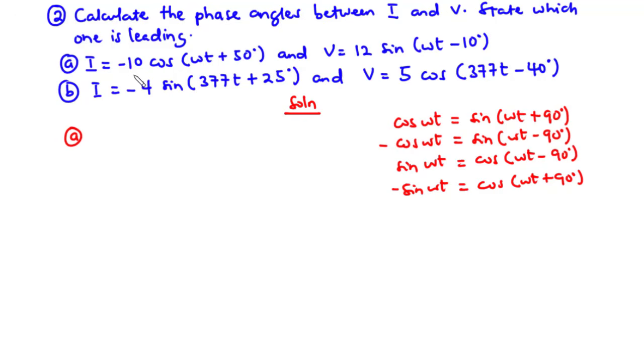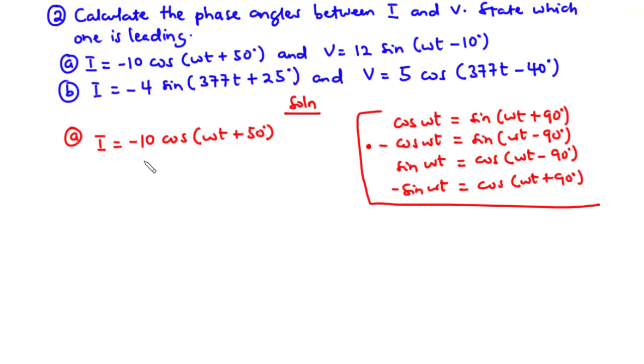Now, since we have I to be a cosine waveform with a negative amplitude, that corresponds to the second one. So we are going to use negative cos omega t equals sine omega t minus 90 degrees. Therefore, I, which is equal to negative 10 cos omega t plus 50 degrees, becomes, so we are going to have a positive amplitude, so that changes to 10.